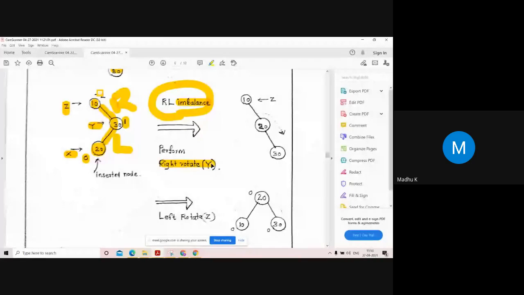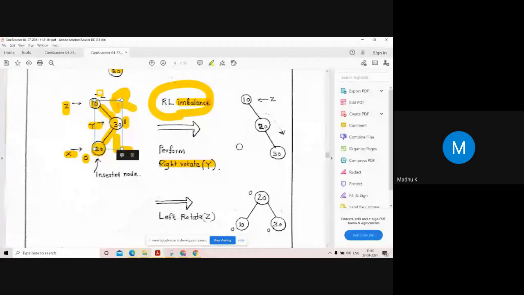If it is an RL imbalance, we perform two rotations to rebalance. One is a right rotation of y. That is, we right rotate this node y. What is y actually? The child of z. So we right rotate y.